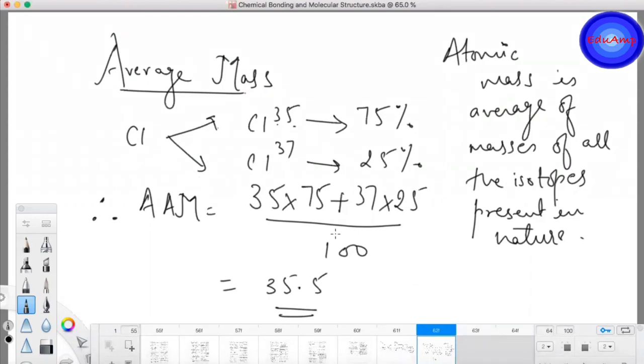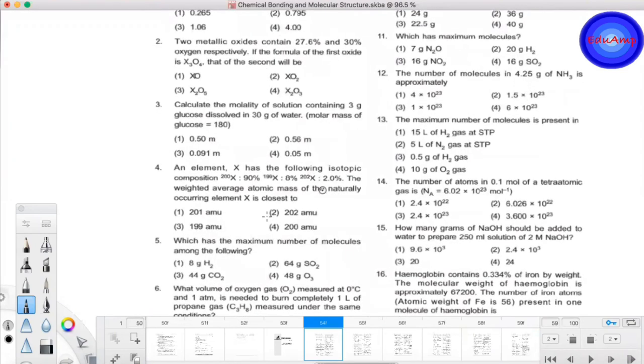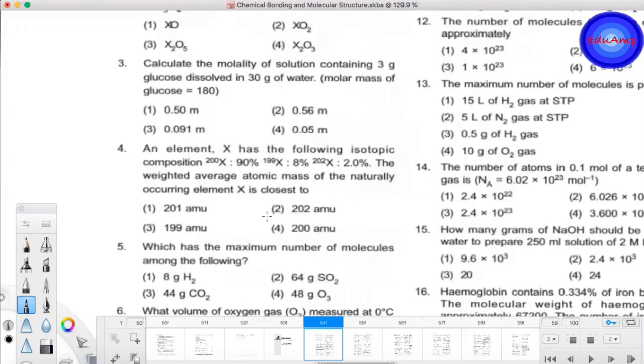See, these types of questions usually come in NEET. So let's take an example of a NEET question. I have told you the example, now you will have to calculate this question number 4. An element X has the following isotope composition.